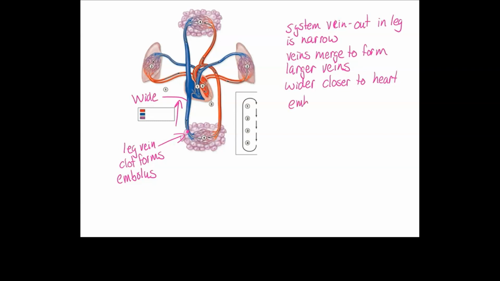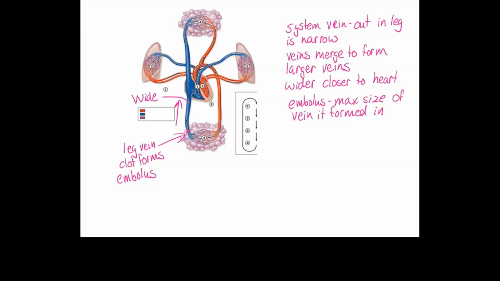So the embolus is going to have a maximum size of the vein it formed in, which is typically going to be more narrow. So now, as we get here to the heart, you have this embolus. It has plenty of room to move, so it's not going to get stuck.